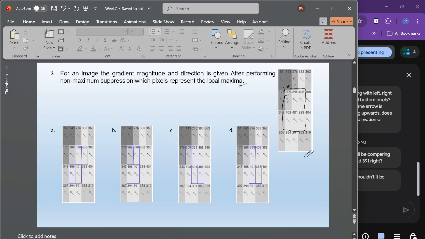401 is greater than 388, and 401 is greater than 391, and 408 is greater than 398 as well. So from that point of view, you have to preserve this one, because in one direction it is giving only the less than.